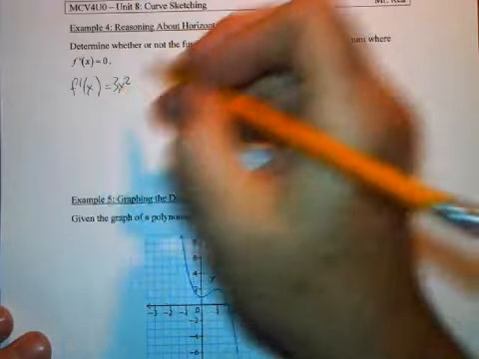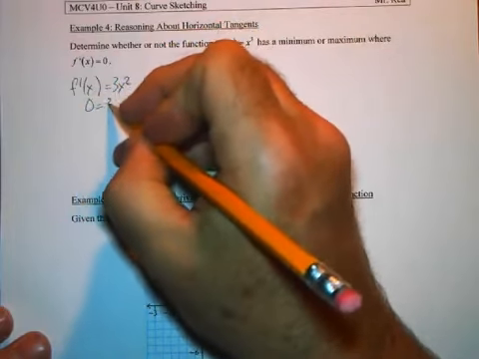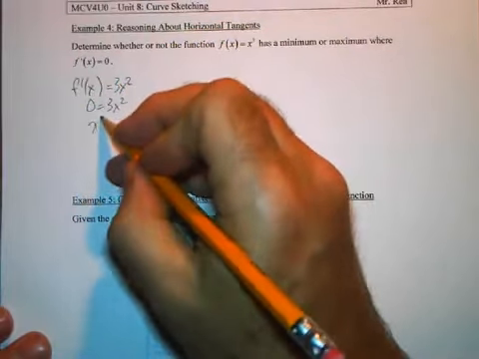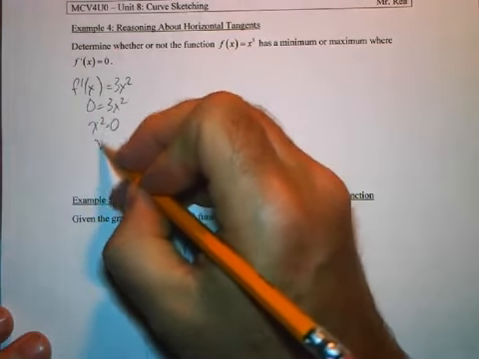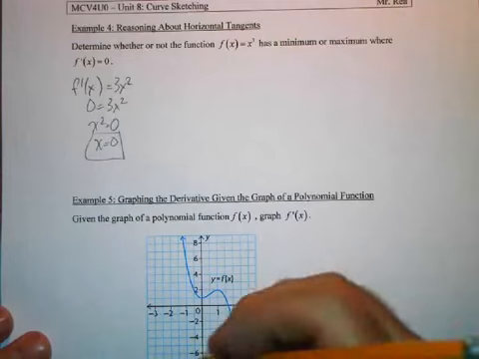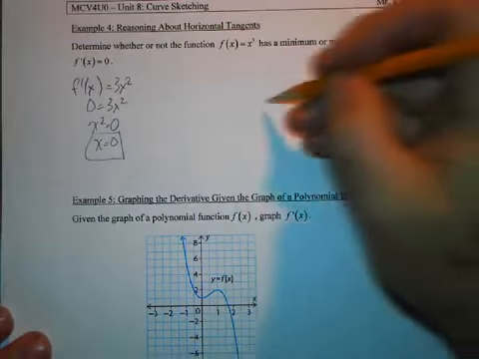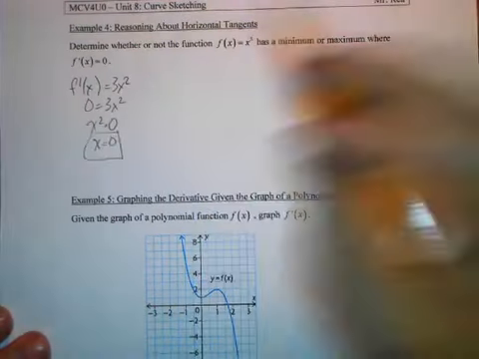And so if you set that to 0, you get x squared equals 0. So x equals 0. So we have a critical value at x equals 0. And we probably already know what that looks like. Let's just pretend we don't.